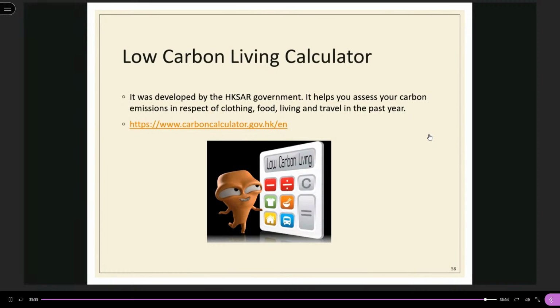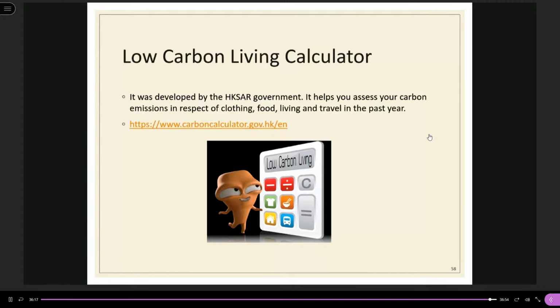And you may also try this calculator. This is the low carbon living calculator, developed by the government. It helps you assess your carbon emission in respect of clothing, food, living, and travel in the past year. If you have time, I recommend you take a look.